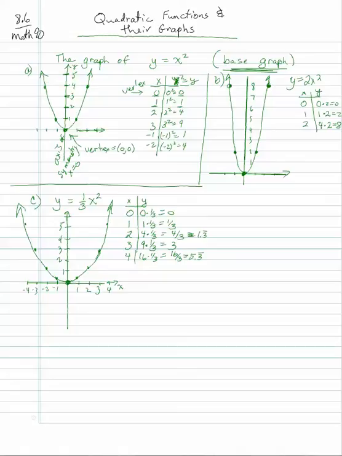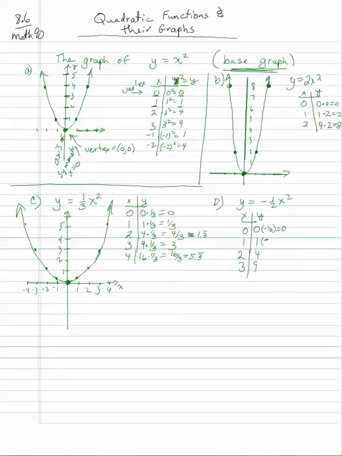Alright, let's do one more: y equals negative 1/2 x squared. The negative part is going to flip it over, and the 1/2 part is going to make it wider. So again, 0, 0, 1, 1, 2, 4, 3, 9. Then we're going to times it by negative 1/2.